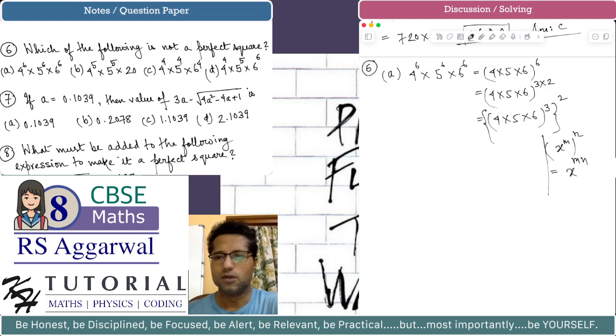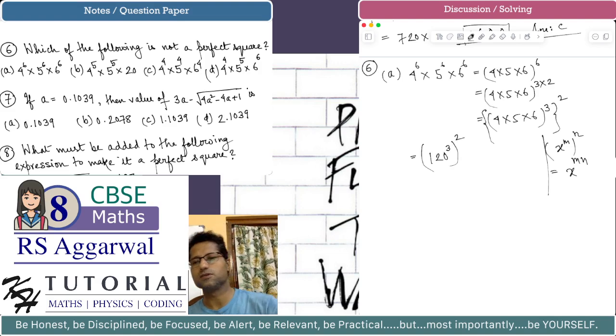So this term is a square. This is equal to 120, so this is 120 cube, whole square. This is a square because it is the square of the cube of 120.